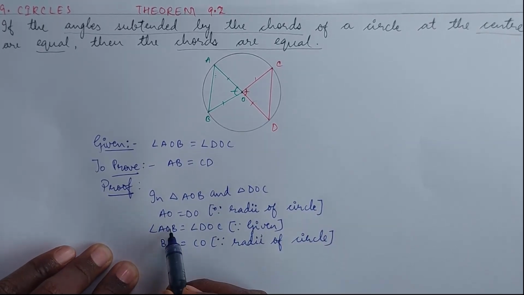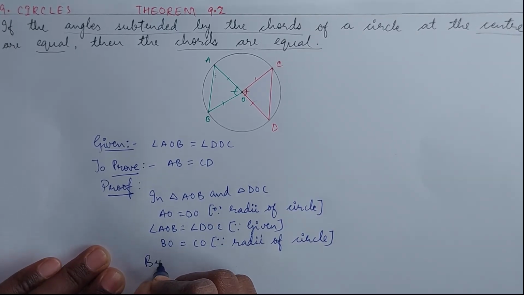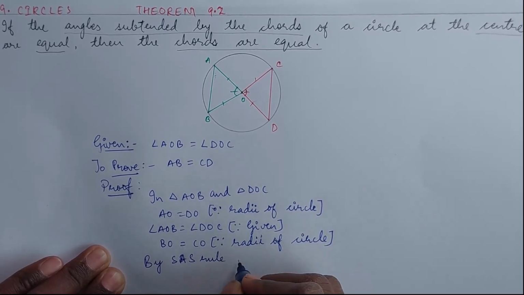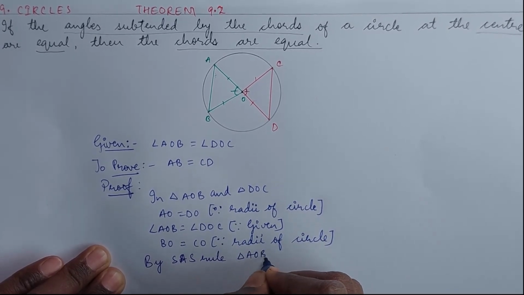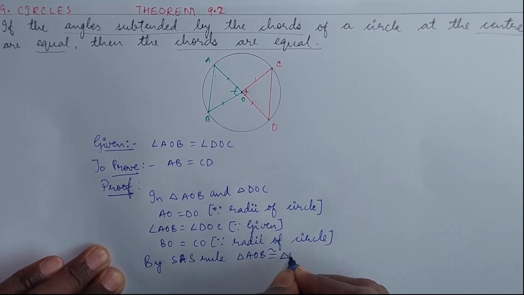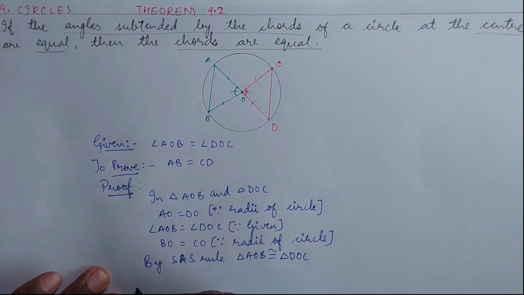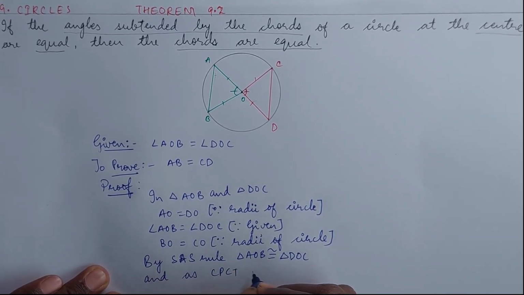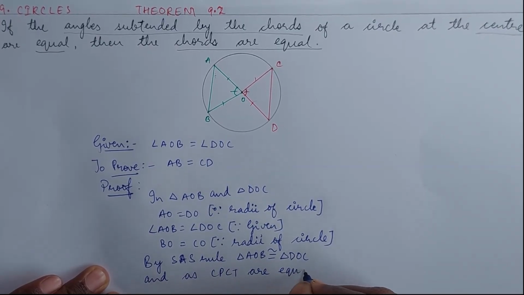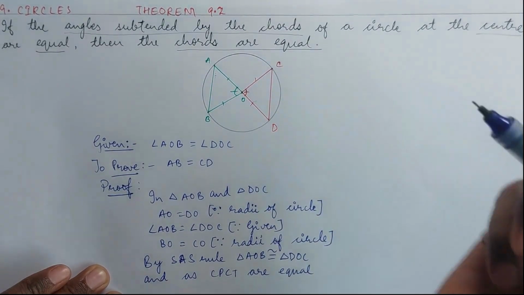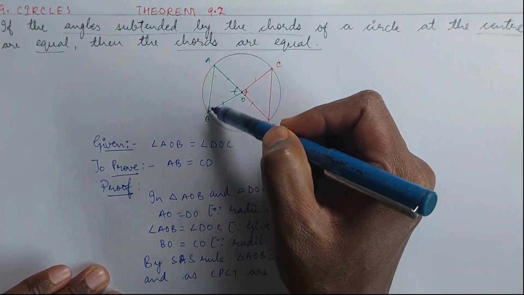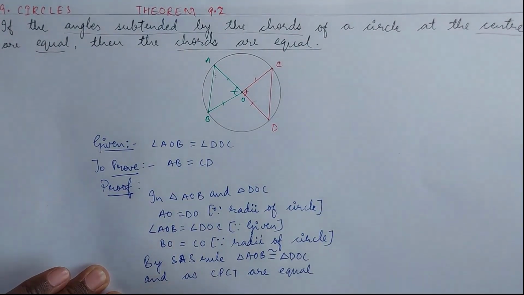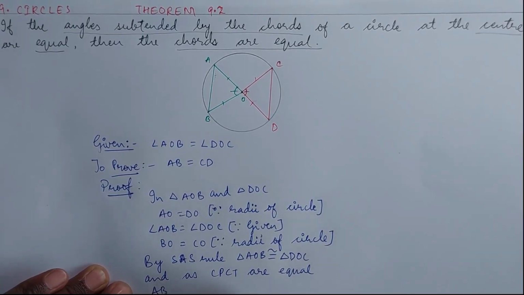And we have got side angle side. So by side angle side rule, triangle AOB is congruent to triangle DOC. Okay, and as CPCT, corresponding parts of congruent triangles are equal, we can say that the corresponding parts AB and DC, we will write it as CD.